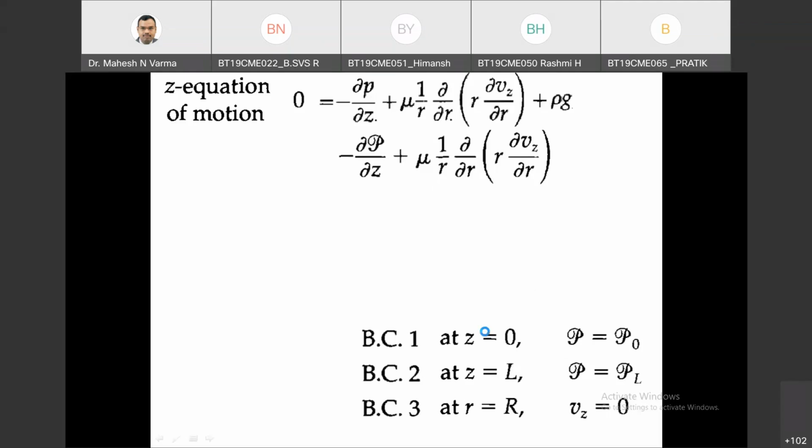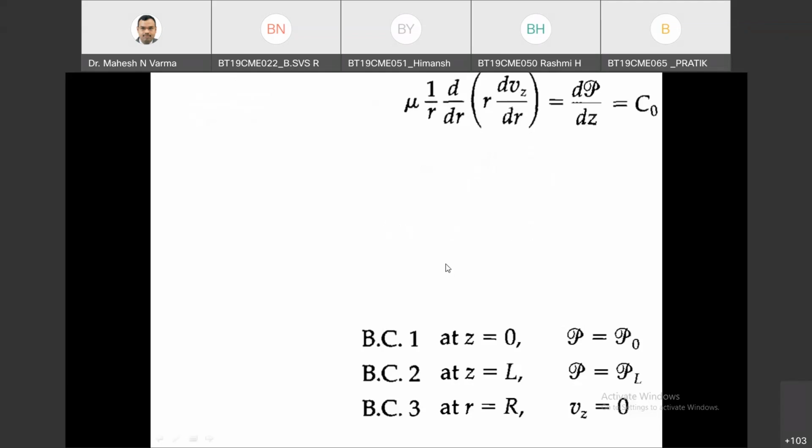Rearranging this equation, this equals 0. The differential equation with respect to velocity will equal del p by del z, which can be taken as some constant. Any constant you can take, and you can solve this separately and then combine the equations.